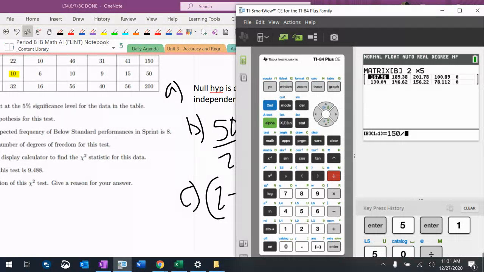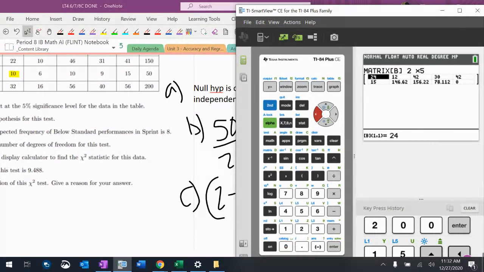150 times 32 divided by 200. 150 times 16 divided by 200. 150 times 56 divided by 200. 150 times 40 divided by 200. 150 times 56 divided by 200.